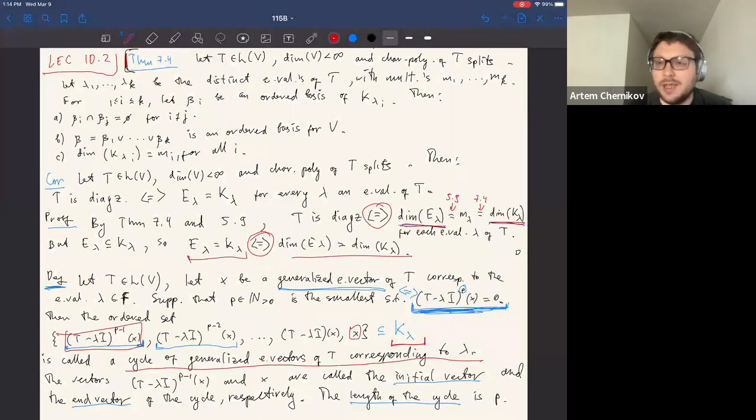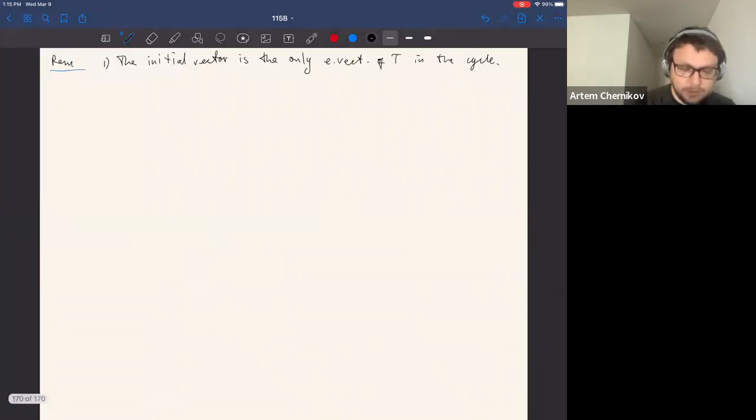But only one of them is an actual eigenvector rather than just a generalized eigenvector. And this is the first one, right? Because if I look at this vector and I apply T minus λI to this vector, then what I get is (T - λI)^p(x), right? And by assumption on p, this is 0. So this tells me that this is indeed an eigenvector. Okay, so this is part 1.